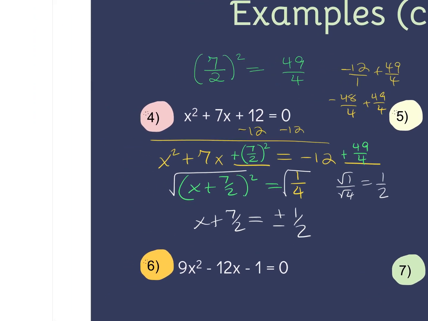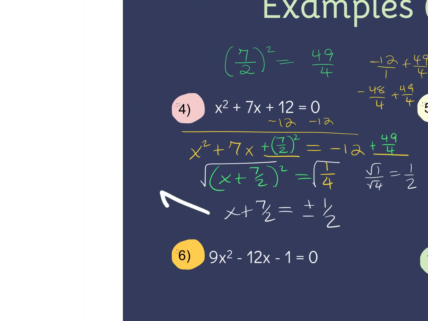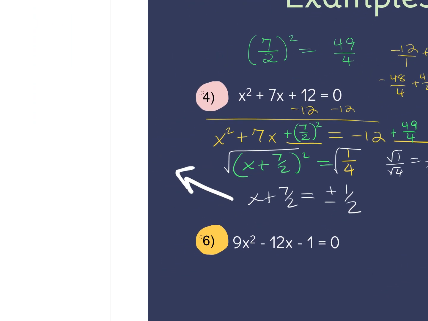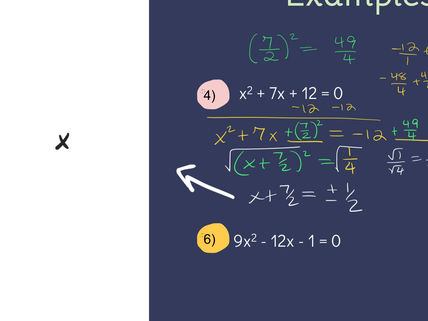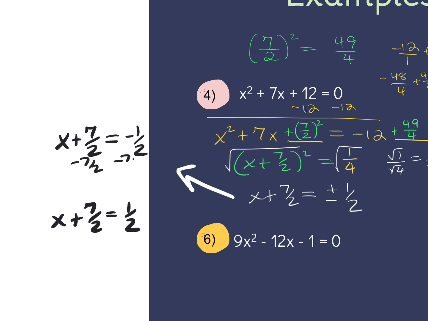So let me come on over here to the side. Now what I'm going to do is to get my x values, I have x plus 7 over 2 equals negative 1/2. I actually have to solve this. And then x plus 7 over 2 equals positive 1/2. I actually have to do the problems here. So I'm going to subtract 7 over 2.